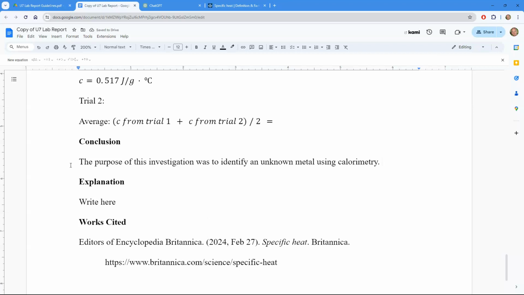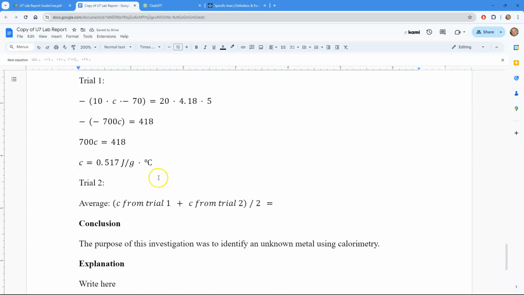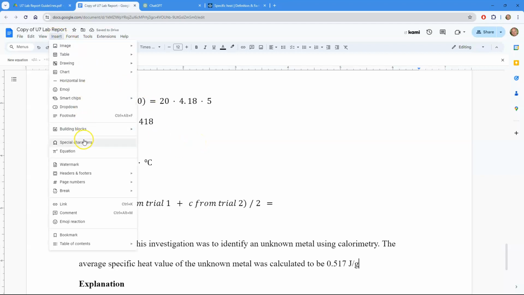Okay, so let's take a look, and let's say that 0.517 was our average specific heat value. So 0.517, and our units are joules over grams times degrees Celsius.